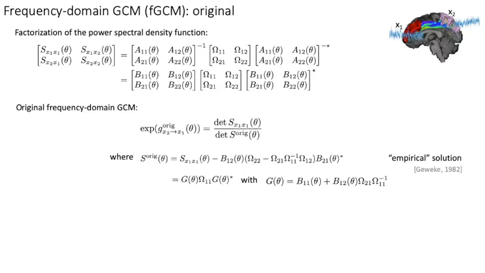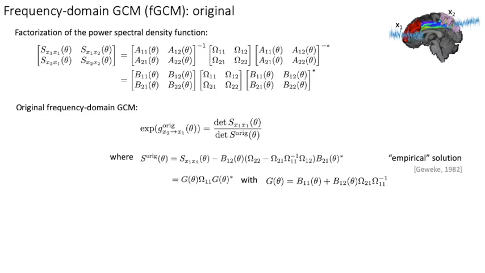So in the definition of the frequency domain causality measure, we have another causality function that is a function of frequency. It's the ratio between the determinant of the original time series spectrum divided by a new power spectral density function. This has a complex expression, so I'm not able to show the insight into how they define this matrix.